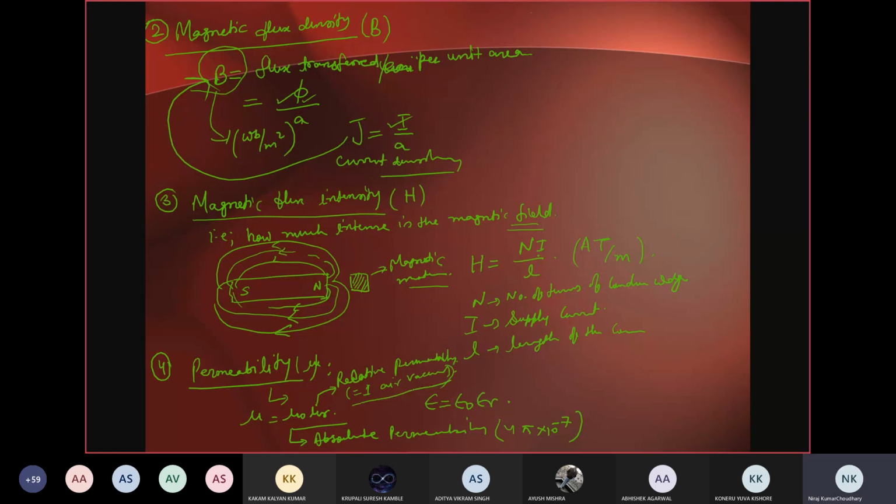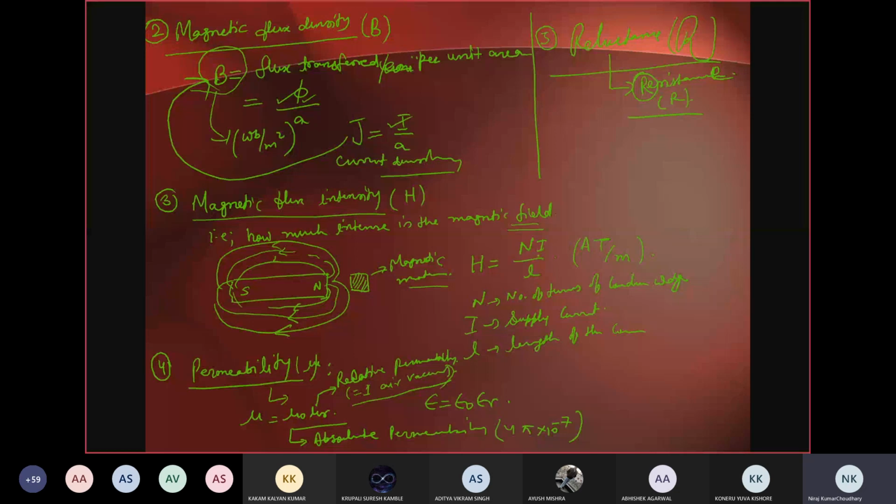Now the fifth one is reluctance. Reluctance is basically analogous to resistance in the electrical circuit. Can anybody define resistance?